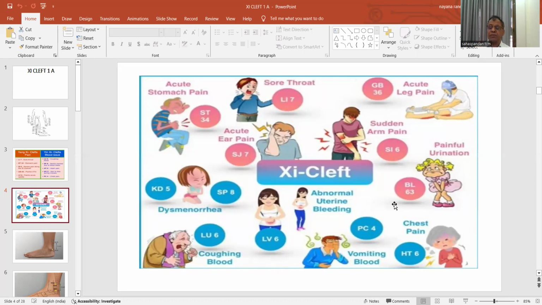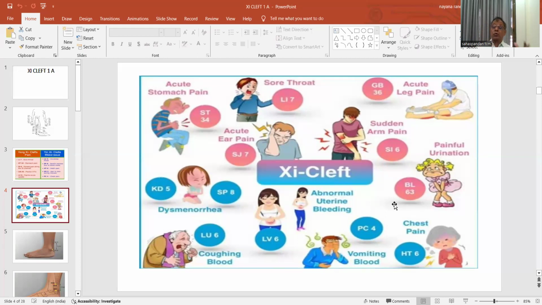And triple burner 7, Sanjiao 7, for pain in the arm, and useful in post-viral fatigue syndrome. Okay, when the virus is controlled but fatigue is still there, apply the triple burner 7.